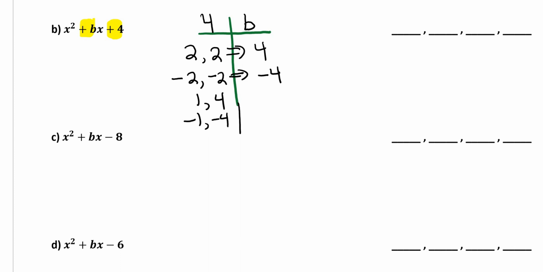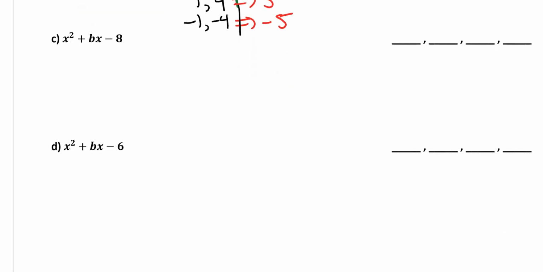Both those combinations multiply to 4, and when I add them I would get 5, and if I add this one together I would get negative 5. So the numbers that would work for B would be 4, negative 4, 5, and negative 5.